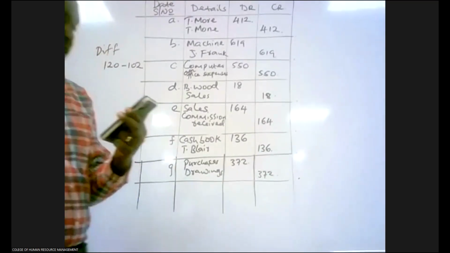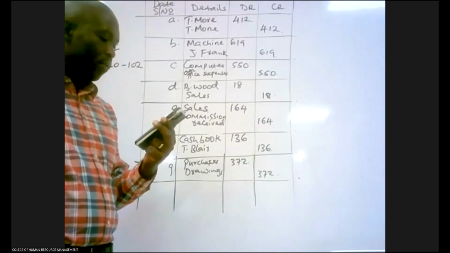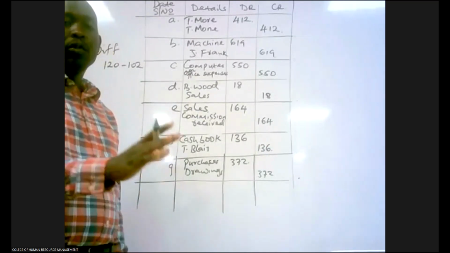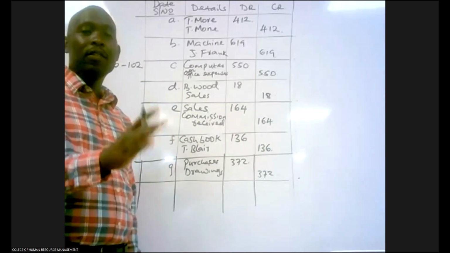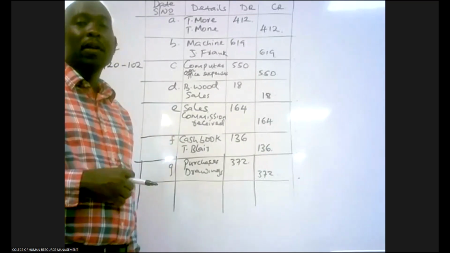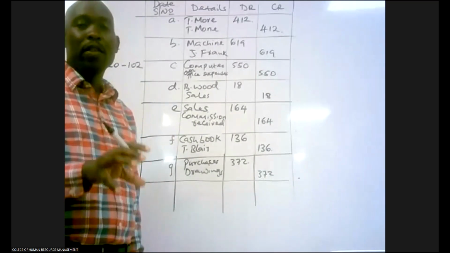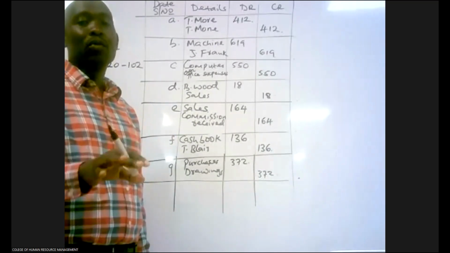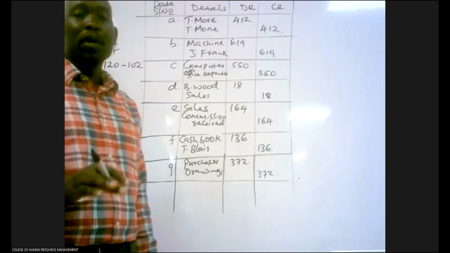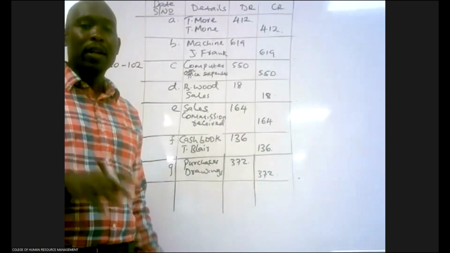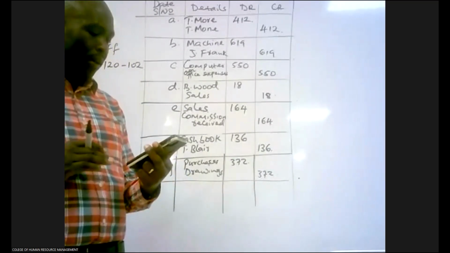Lastly, H, discounts allowed 48. You pause there. Once you read discount allowed, it is an expense, so it should be debited. All expenses, when they are paid, they are supposed to be debited. So discount allowed is an expense. It should be debited. So let us confirm what happened.